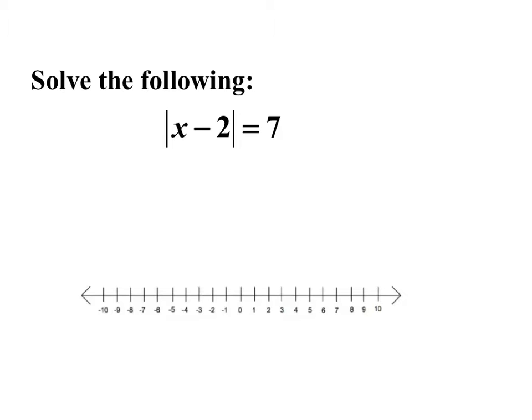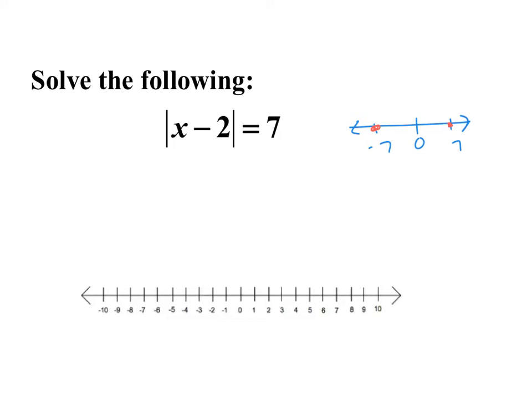Notice this time, again, we want to isolate this absolute value symbol, and we have. So if you think of the absolute value of something being equal to 7, that means that there are two places on the number line that are 7 units away from 0. Let me go ahead and put 0 on this number line.